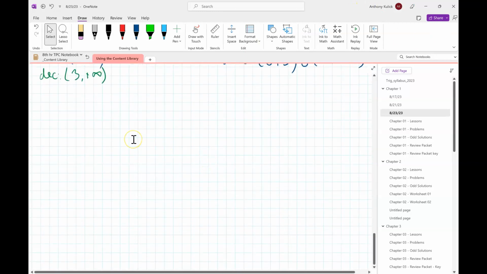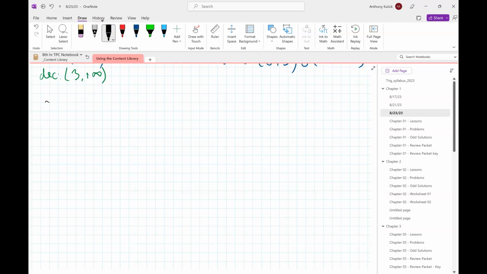The next thing we want to talk about are extrema. And there's two types of extrema. There's maxima, that's the plural for the word maximum.